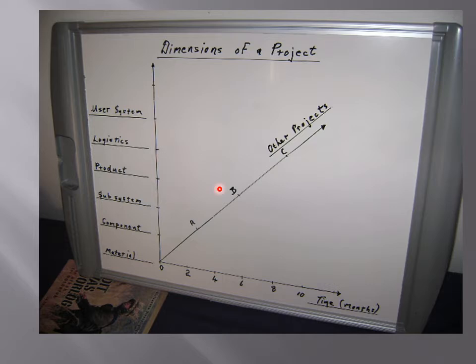Over here, we have the 3 dimensions of a project. Along this horizontal axis here, we have the timeline, in this case in months. This vertical axis over here represents the system levels, starting from system level number 1, which is of course material.